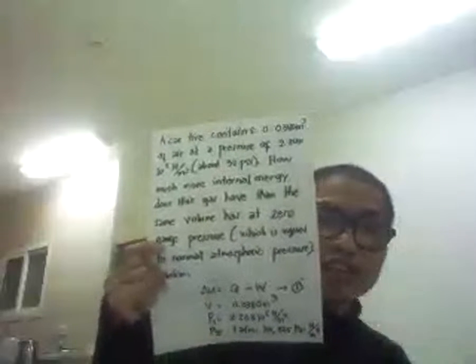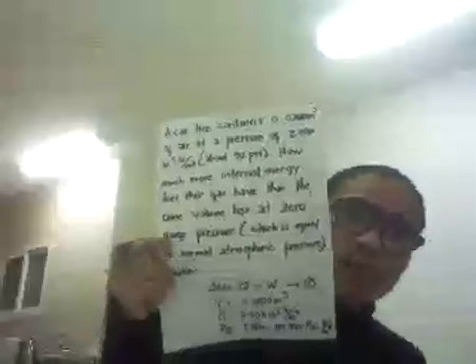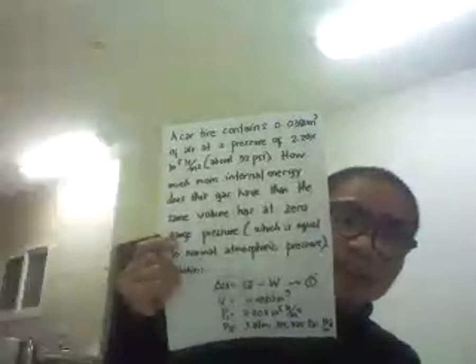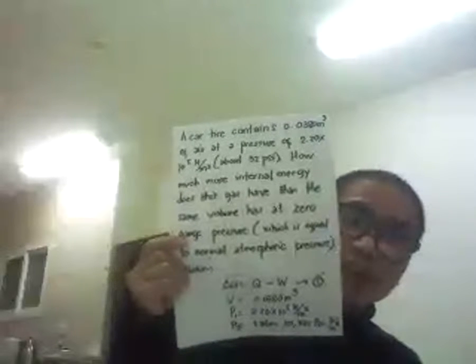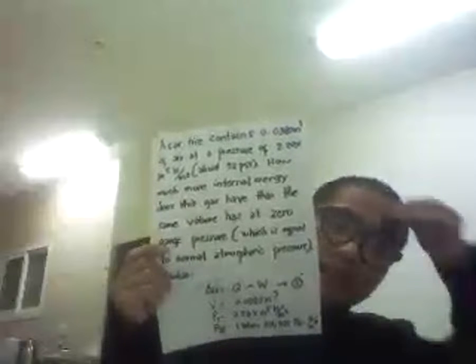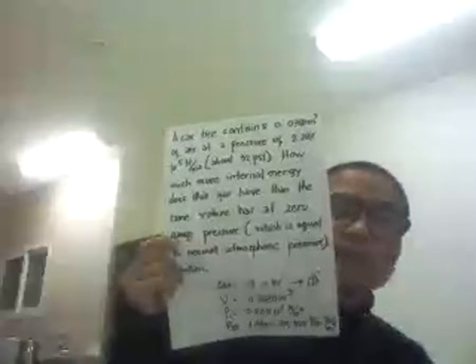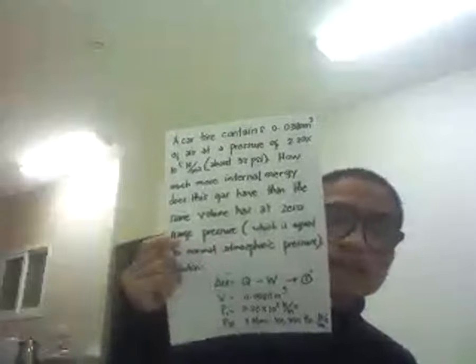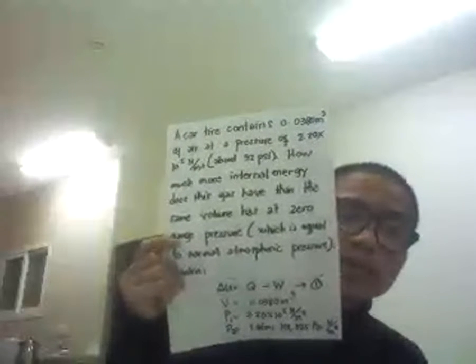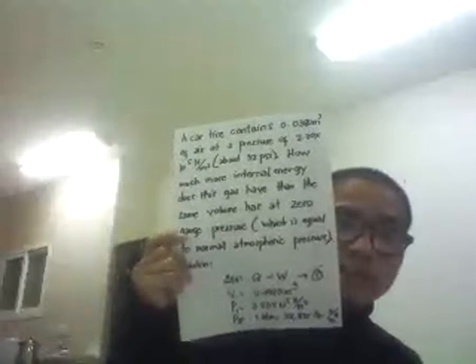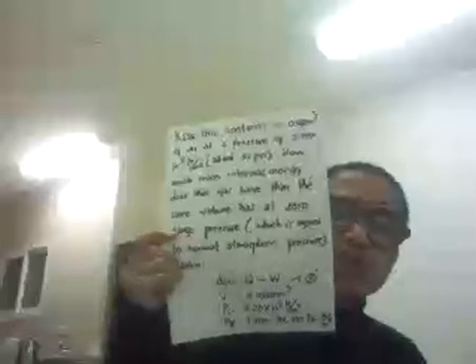Okay, and then internal energy is being asked. So if it is isothermal, the internal energy change is zero. Okay, so it's being asked, so that means this is not isothermal. Okay, so this is not also an isolated system because in an isolated system, both Q and work are equal to zero. Okay, so we're using this equation.